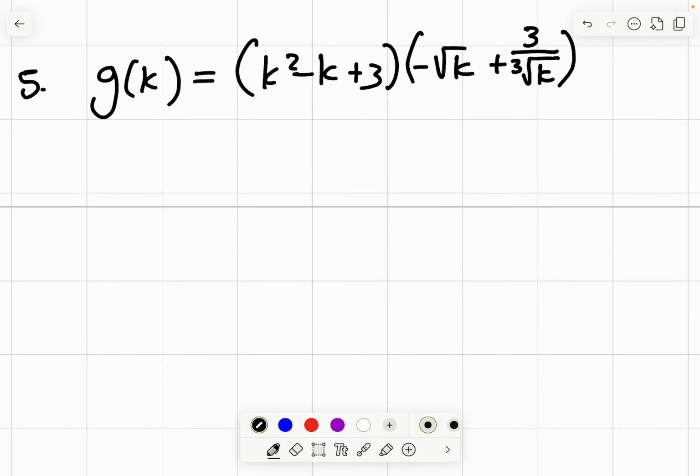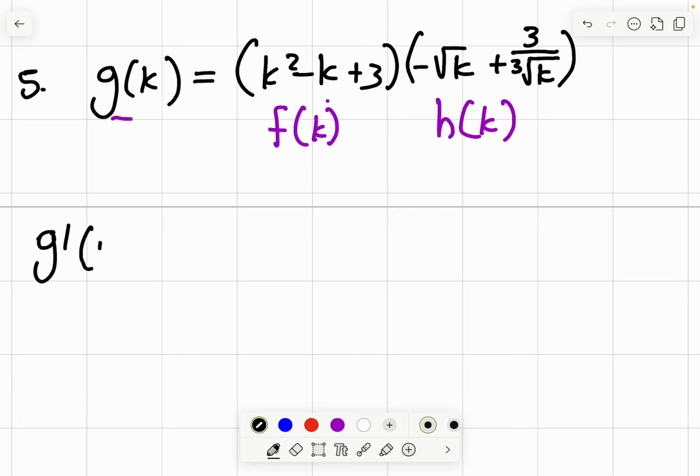So we have two functions here. Since this one is in terms of g, I must not call one of these two g. I'm going to have f of k. Then this side I can call it h of k. So with the product rule, I know they want the derivative. I must find g prime of k.